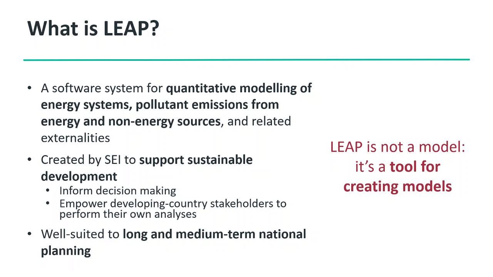Over the last 5 years, we have increased the ability of LEAP to look at air pollutant emissions, both from the energy sector, where the majority of air pollutant emissions come from in most countries, but also to include non-energy sources like waste, agriculture, and industrial processes like cement production. So within LEAP, you can capture all the major energy and non-energy sources of your emissions.